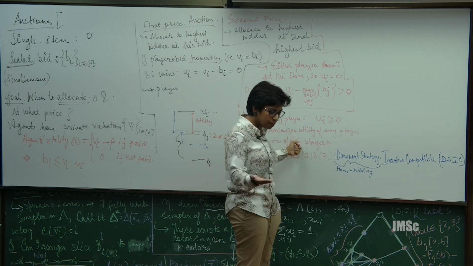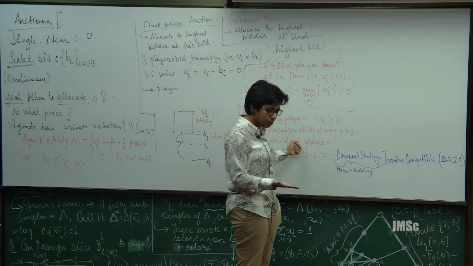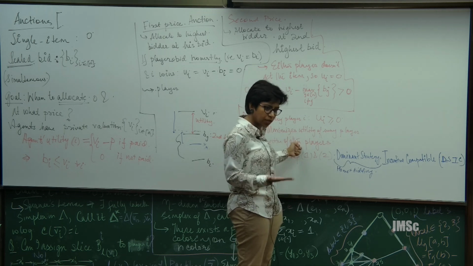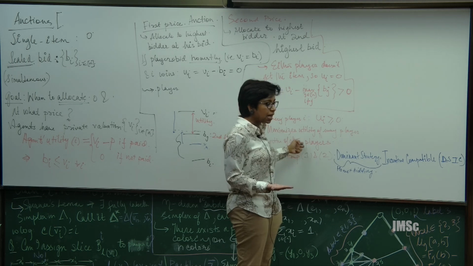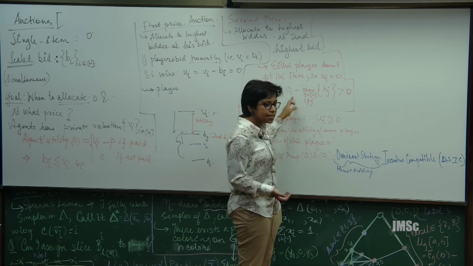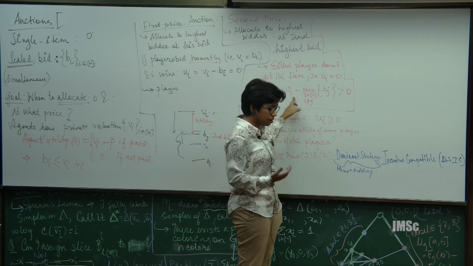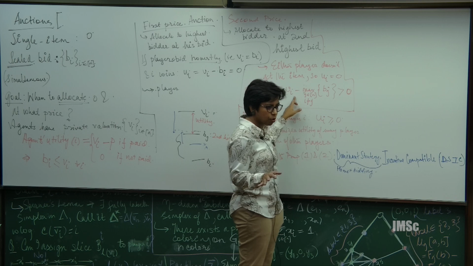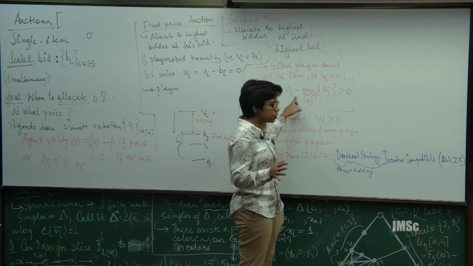So, when you see the highest bid, you know this person values it the most, because he has bid honestly. So, you give this item to that person. The second price auction ensures this property, that you give it to the person who values it the most.